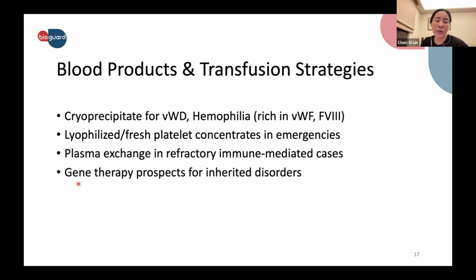And what we've mentioned is that different kinds of gene therapy are on the way, so we can also consider gene therapies to reverse some hemostatic problems that result from genetic defects.